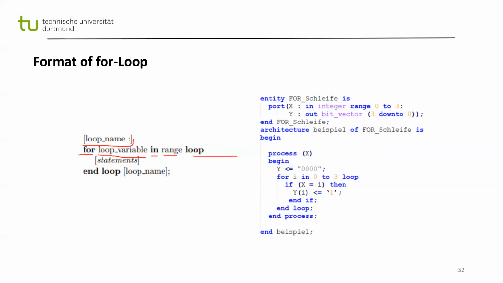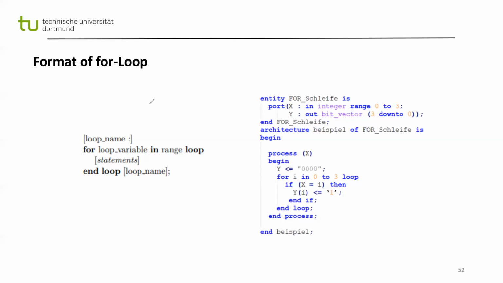This means that in this example right here, for our loop variable in 0 to 3, it will loop 3 times. Once it reaches the value of 3, it will go out of the loop.